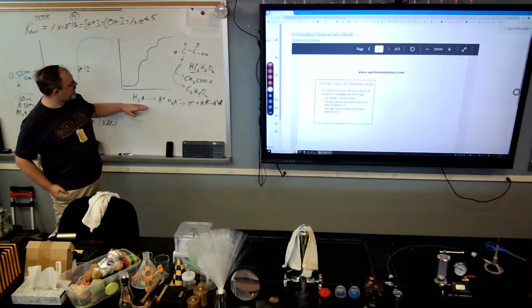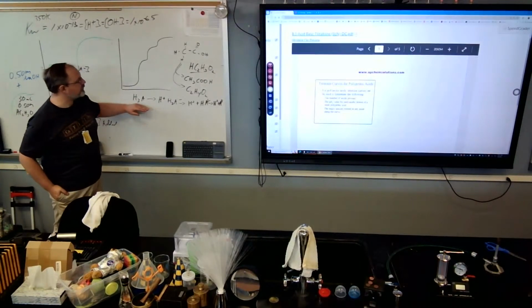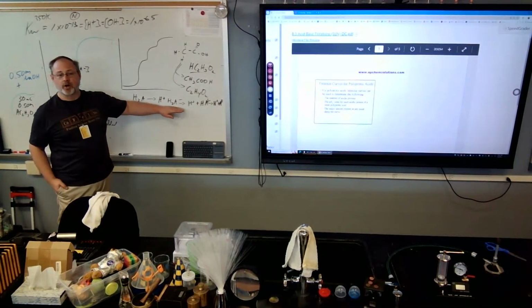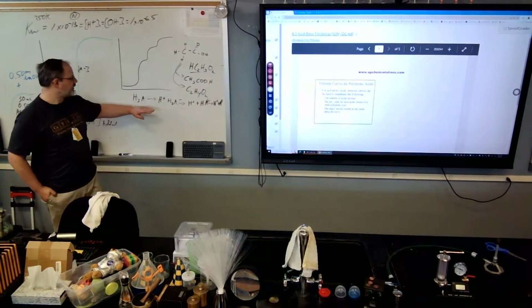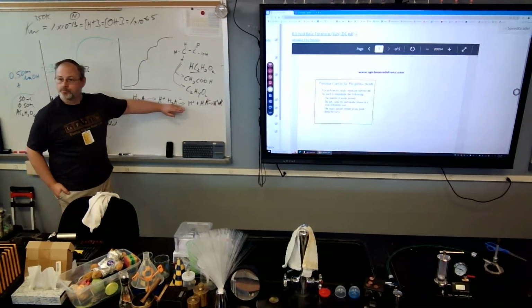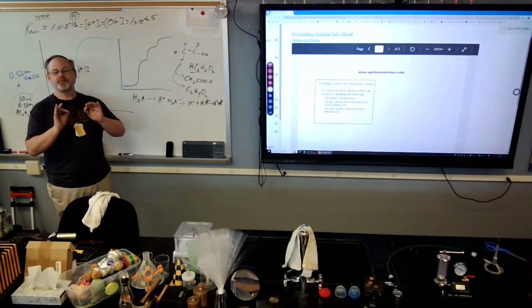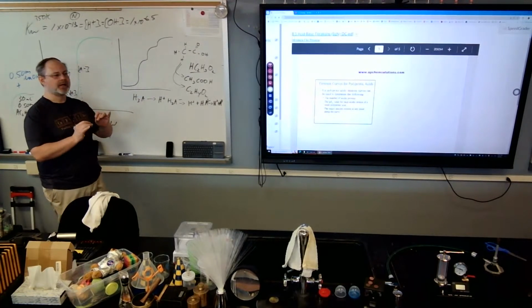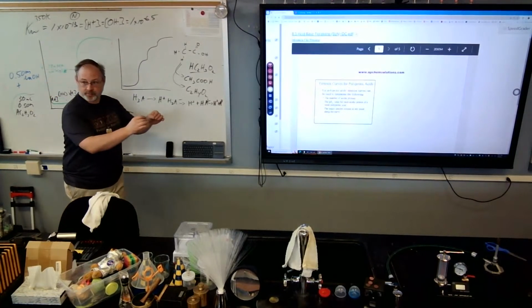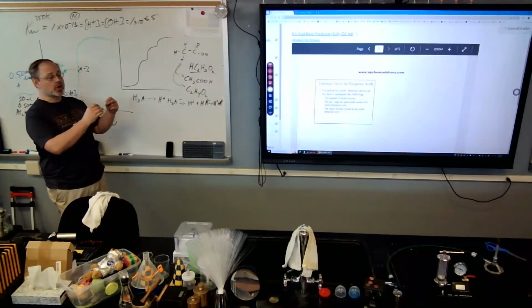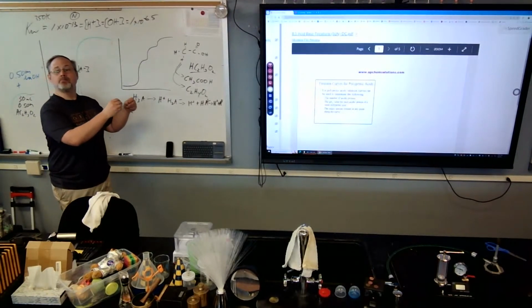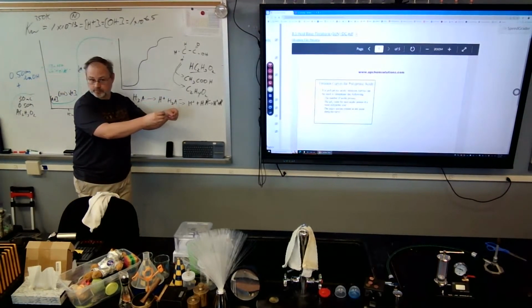Because of this becoming smaller and because of the conjugate becoming a stronger and stronger base, because the weak acid is becoming less and less robust, its conjugate base is becoming more and more robust.